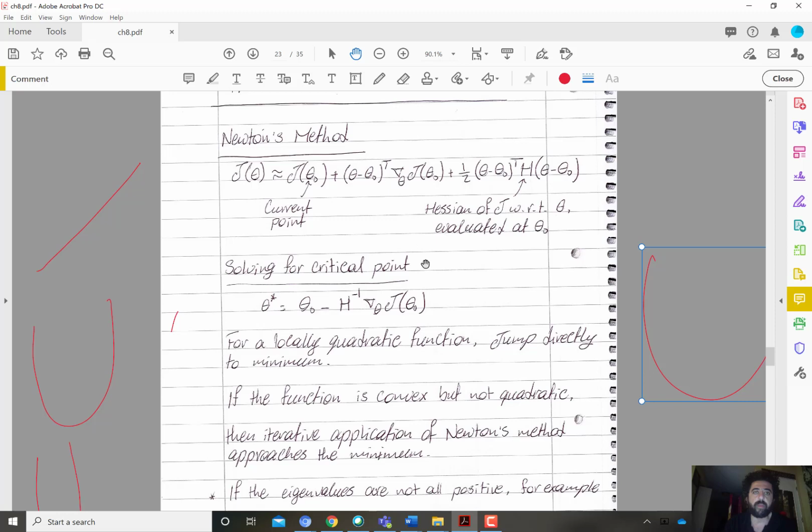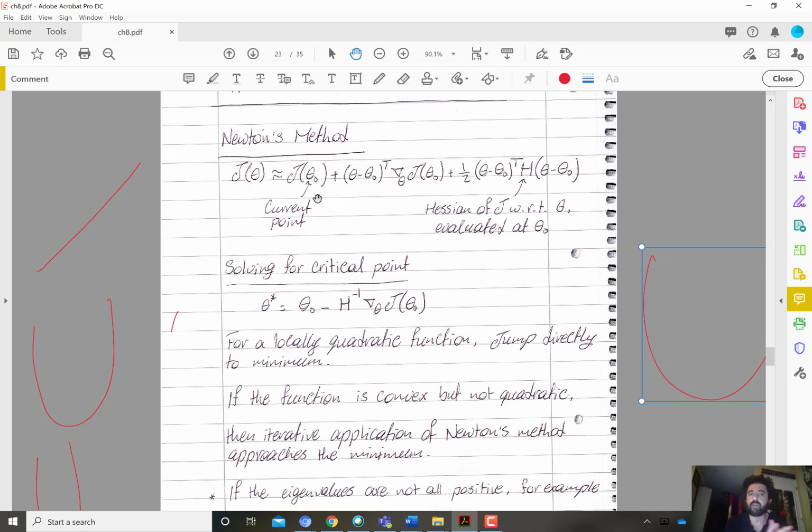So the method that we will discuss in this video is called Newton's method. And the idea is very simple. The current parameter setting is given by theta 0. So you approximate the cost function by a quadratic approximation, a Taylor series up to the second term, in the neighborhood around theta 0. Let's call it J of theta, this is the approximation.